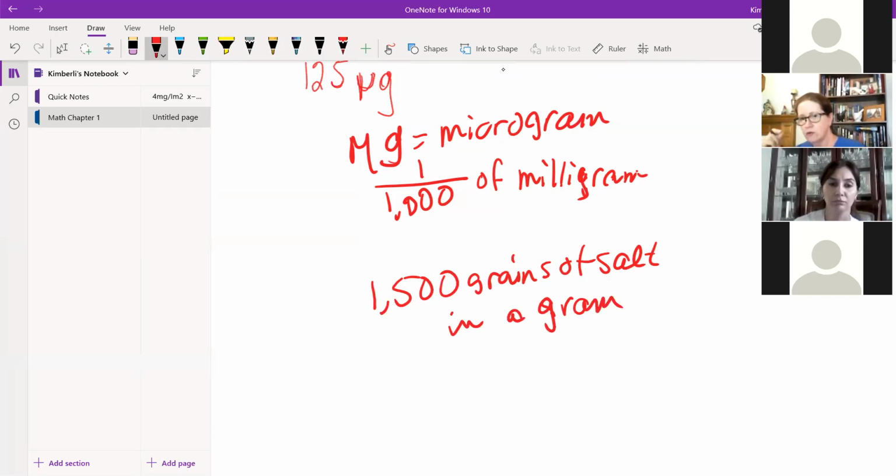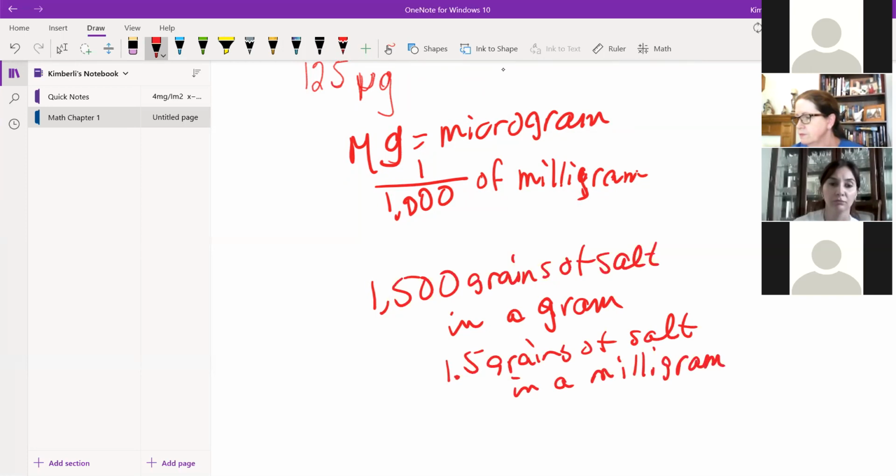So that's how thick it's ground. It's not big kosher salt, and it's not super fine salt, it's just regular salt. So that means there's 1.5 grains of salt in a milligram. Does that make sense? So when people wonder how big a milligram is, it's about 1.5 grains of salt.